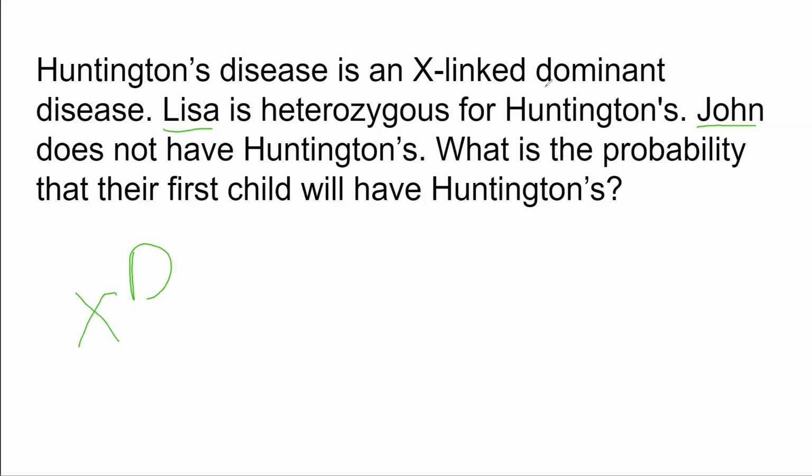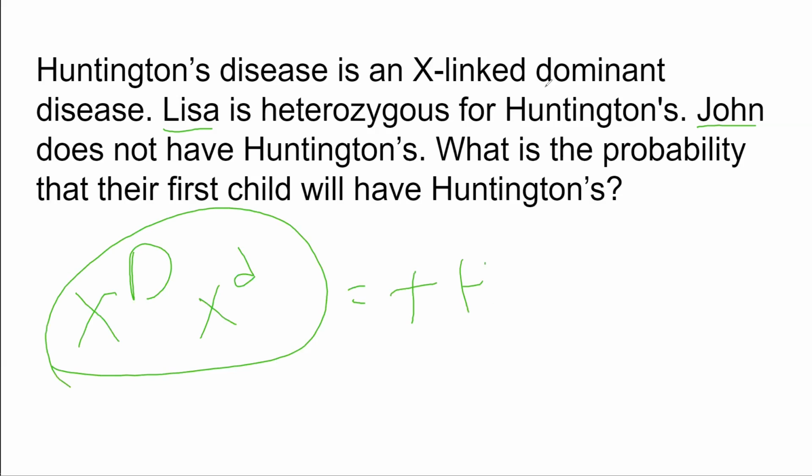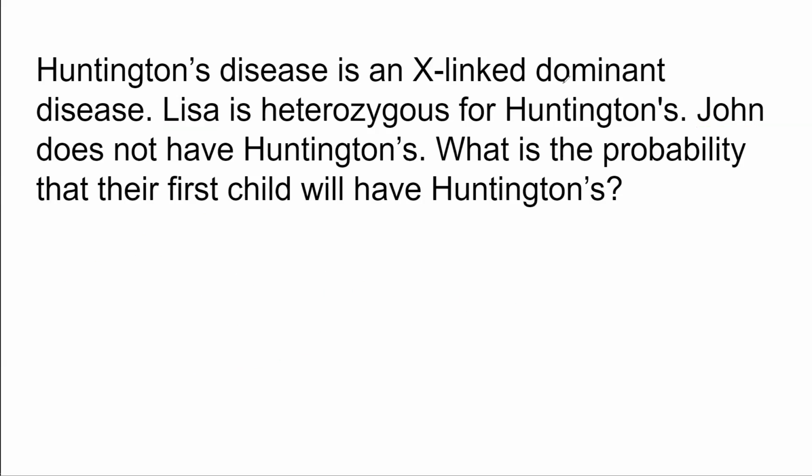If you have a genotype like this, let's say a girl's genotype, her phenotype is going to be positive for Huntington's. If you have a dominant disease, that means if you have a copy of that allele on the X chromosome, you're going to show the disease.